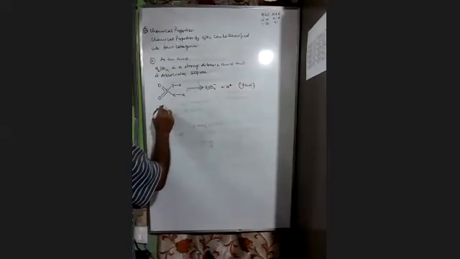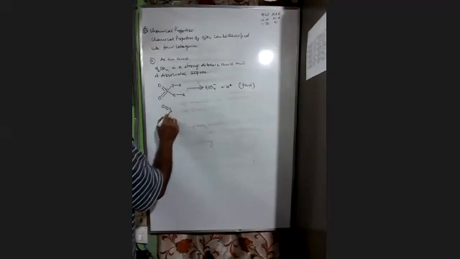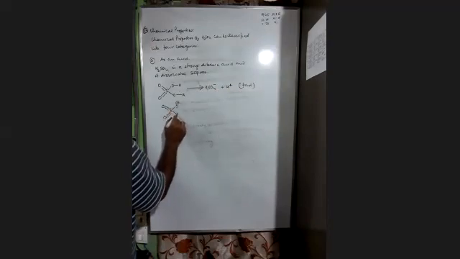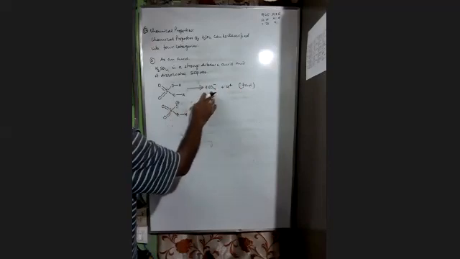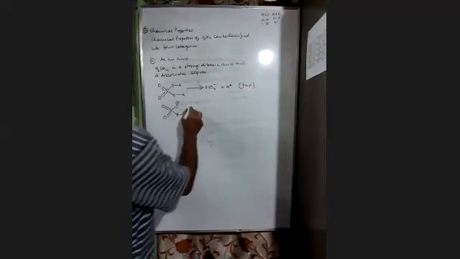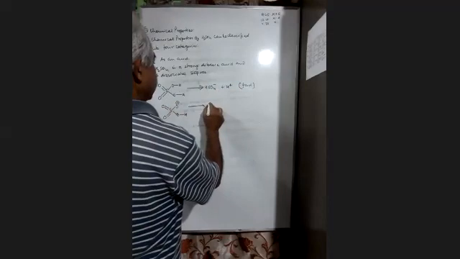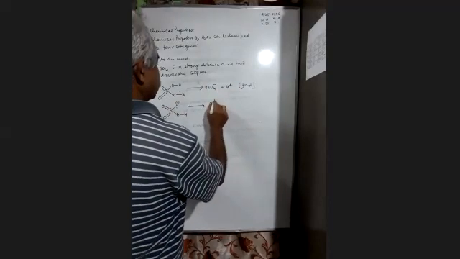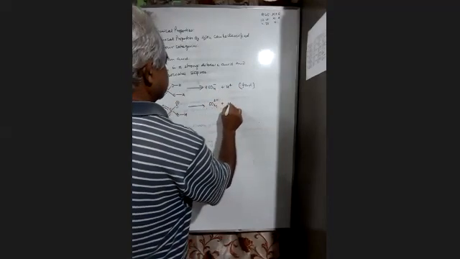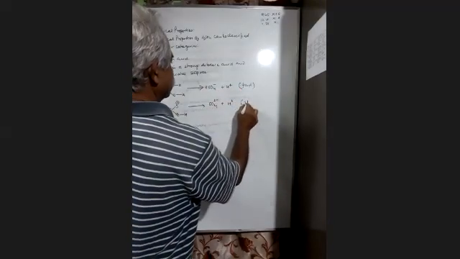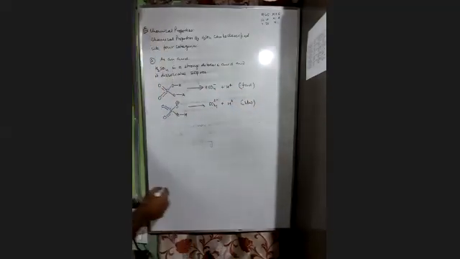So you will get SO4 2 minus and H plus. This is slow. Because of that, sulfuric acid forms 2 types of salt.